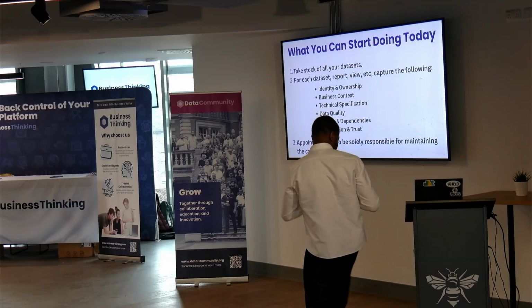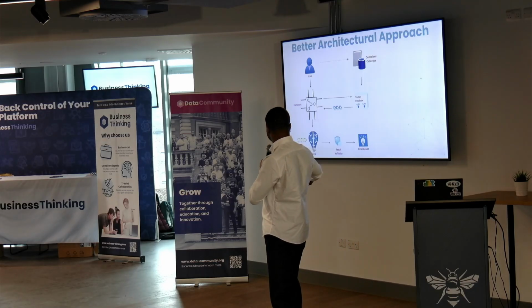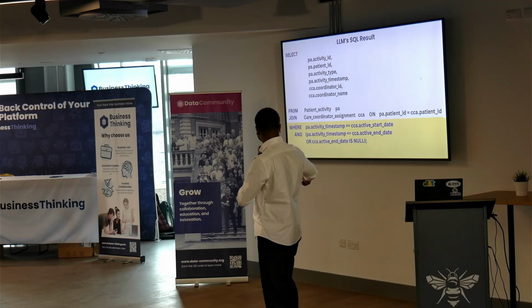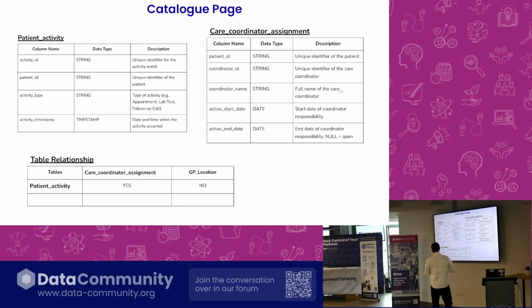All right. So to answer your question properly, I'll just go back to the slide where we saw the catalog page that I mentioned. You don't get this sort of information in a table definition from your database. The only thing you get is the fact that the column is a string or a timestamp, but it doesn't explain the kind of data that is in that column. So it's very important that not just the definition, but what that column is actually containing, what kind of data it is capturing.